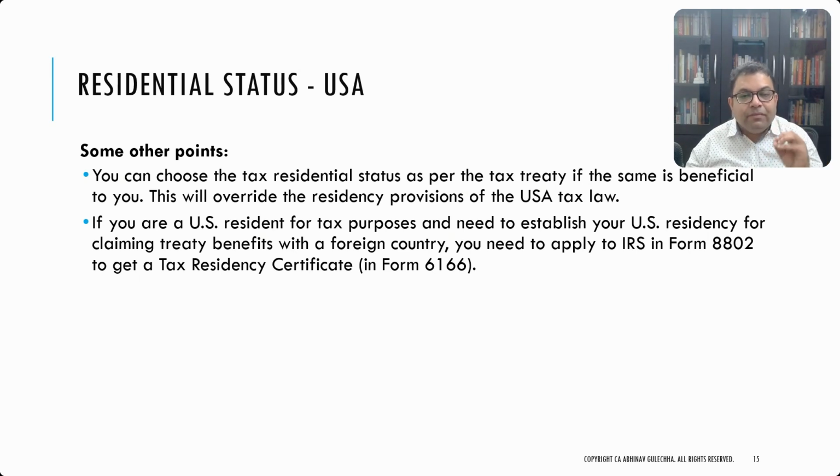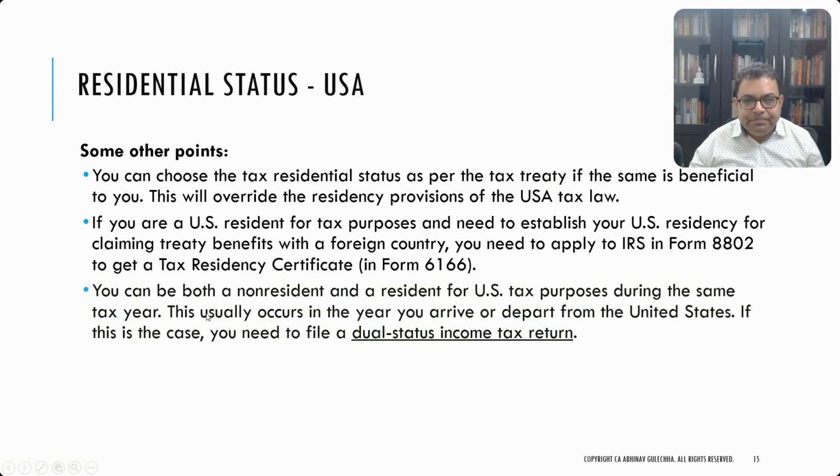If you qualify as a US resident, the India-US DTA allows you a reduced rate of TDS at 15%. For that, you need to get a tax residency certificate, which is proof that the IRS gives you that this person is a tax resident of the USA. For doing that, you can apply in Form 8802, and the tax residency certificate will be issued in Form 6166.